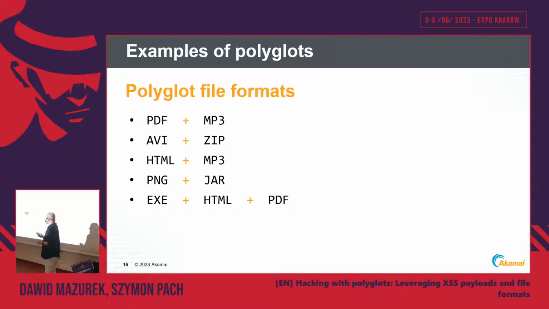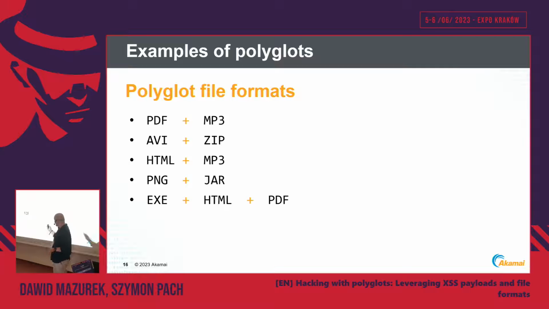Okay, so what about file formats? We can merge a lot of file formats, but there are limits. With languages too, but those limits are kind of faded, because after some time people find new ways to merge a few programming languages into 1. With file formats, it's a little bit harder, because those are binary files.